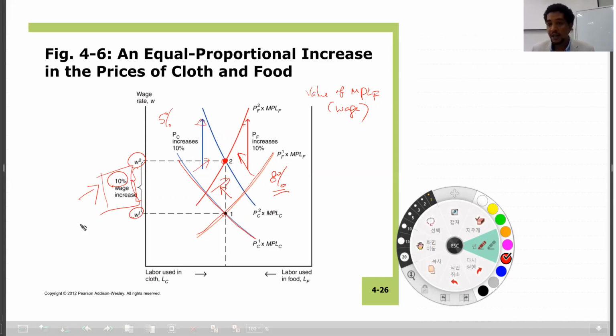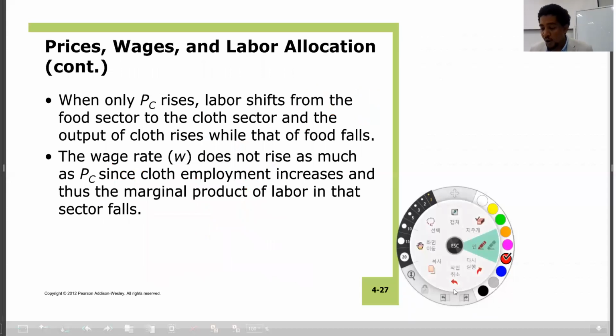And some, not both, will be benefiting from this. So let's see. When only the price of clothes rises, labor shifts from the food sector to the clothes sector. Why?